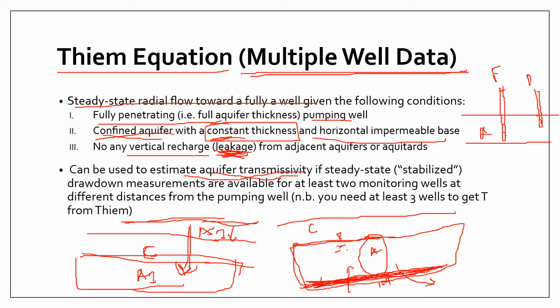And the main requirement of the Theim equation is you have to have at least two monitoring wells and one pumping well, for you to be able to calculate the hydraulic head and other parameters. So minimum you need at least three wells to be able to use the Theim equation. So it's quite limited. It has a lot of limitations.